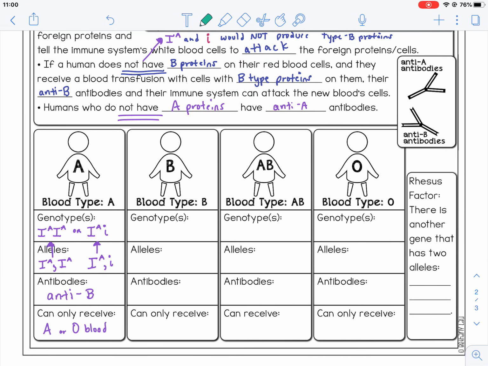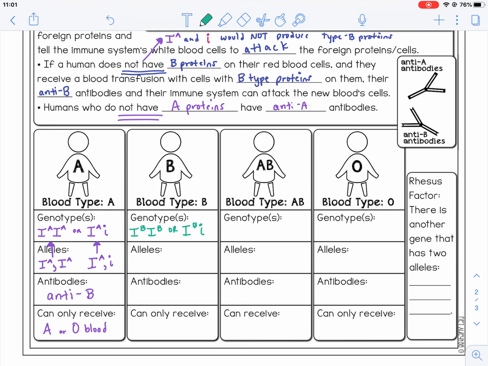Now, if a person has type B blood, we obviously know that IB would result in type B blood type. We also know that IB is dominant over O, or little i, because little i translates to type O blood, okay?